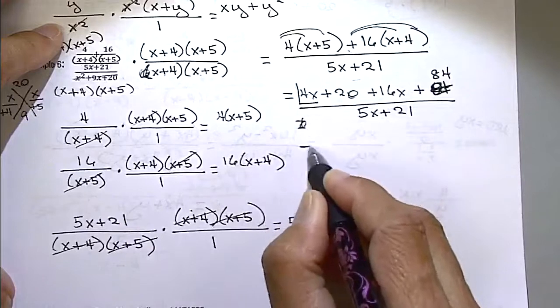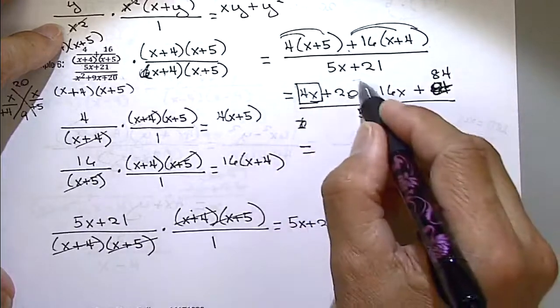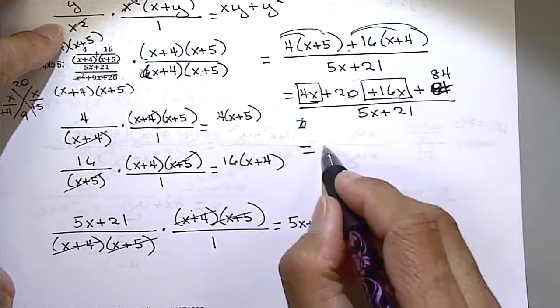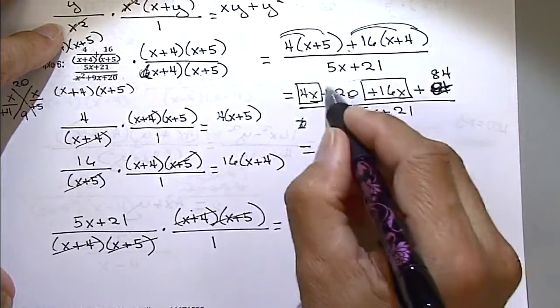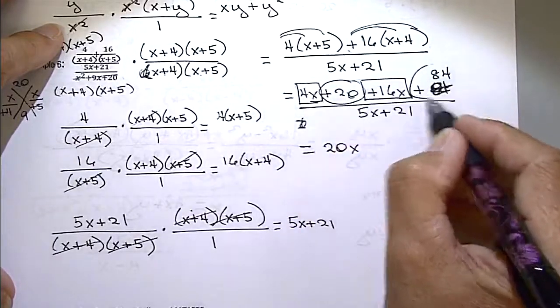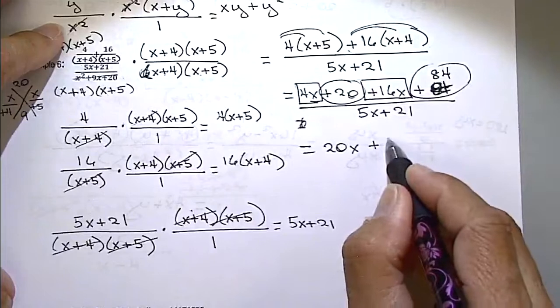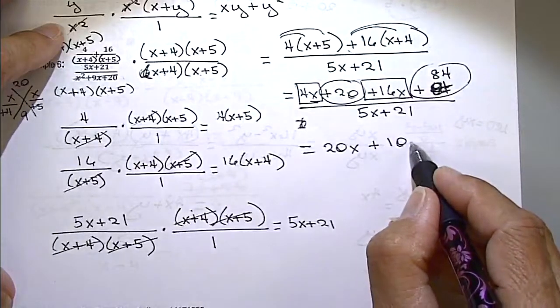Okay, next, combine these. I've got a positive 4x, a positive 16x, so a positive 20x. I've got 20 plus 84, so it's 104, right? Did I do that right?